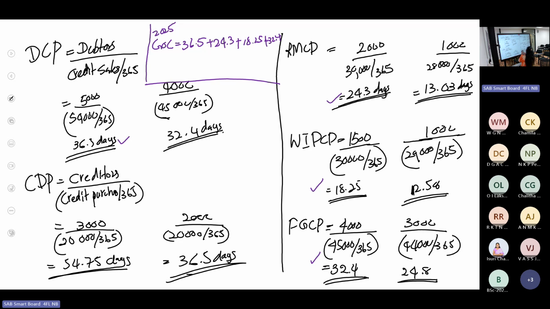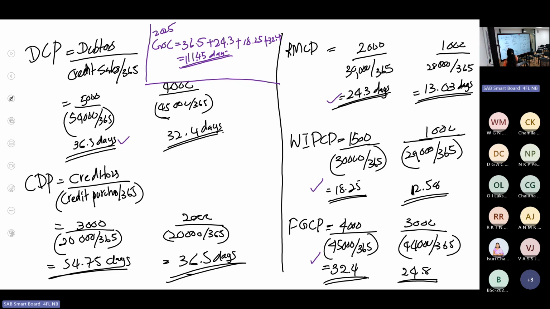That is 111.45. That is the gross operating cycle.